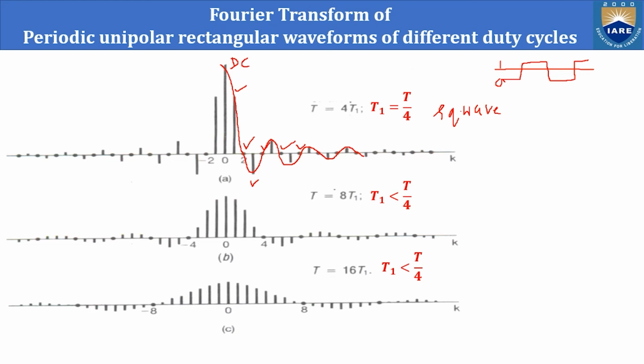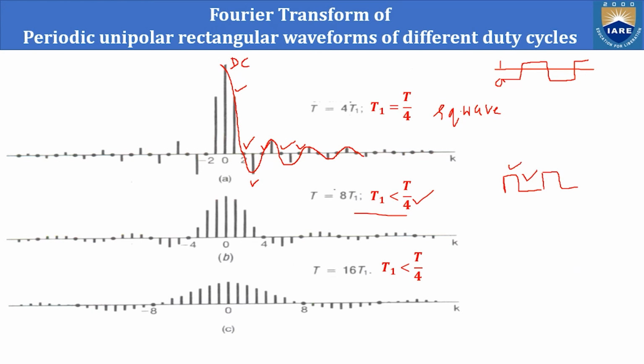Now let us take the case of a pulse waveform, where the T on period is significantly smaller compared to the T off period. So the off period is more than the on period. This is called a pulse.